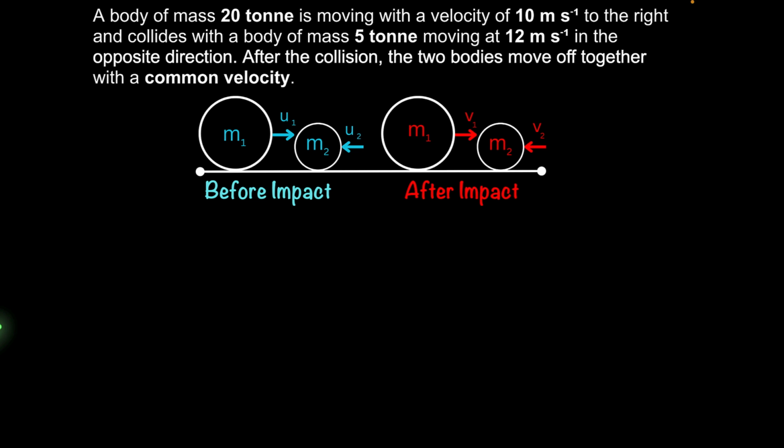Momentum can simply be described as some form of mass in motion. And what that means is if we look at the formula used to calculate momentum, you will see that it's just simply mass multiplied by velocity.